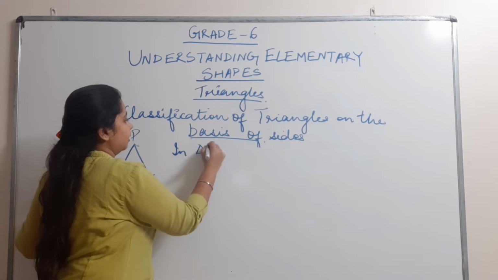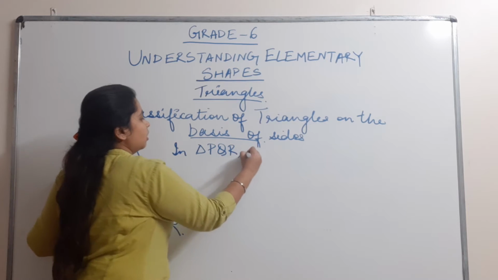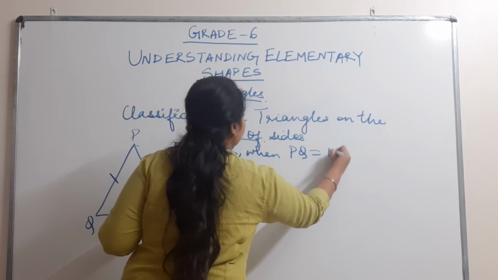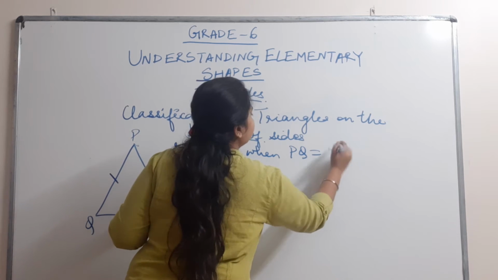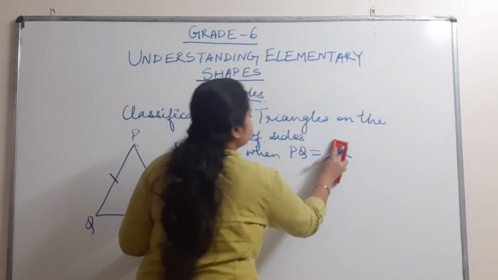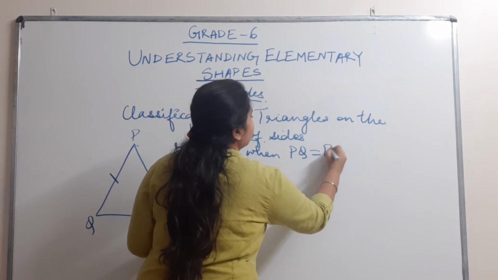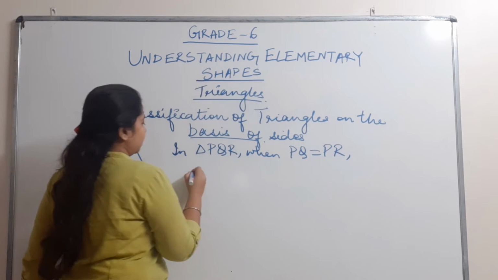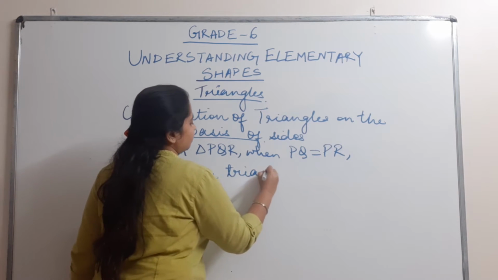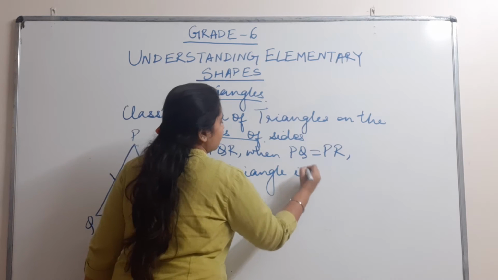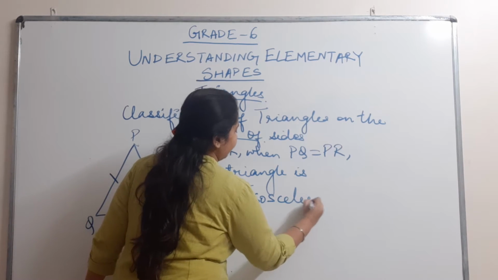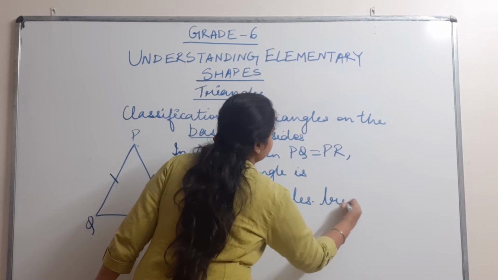In triangle PQR, when PQ is equal to PR, then the triangle is isosceles triangle.